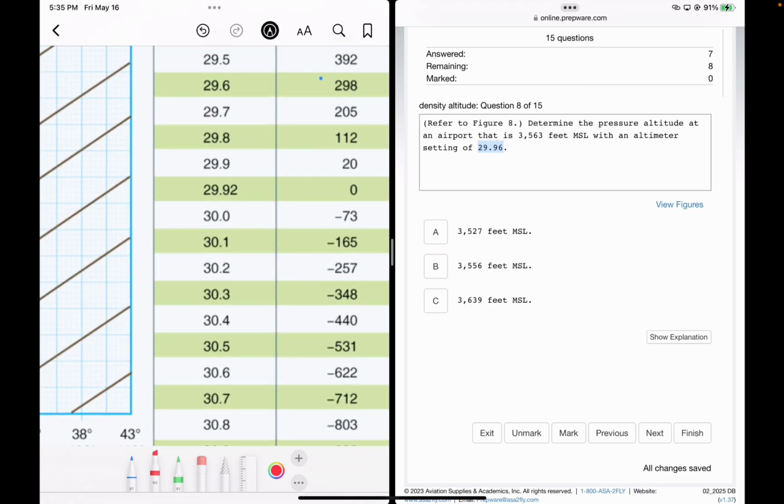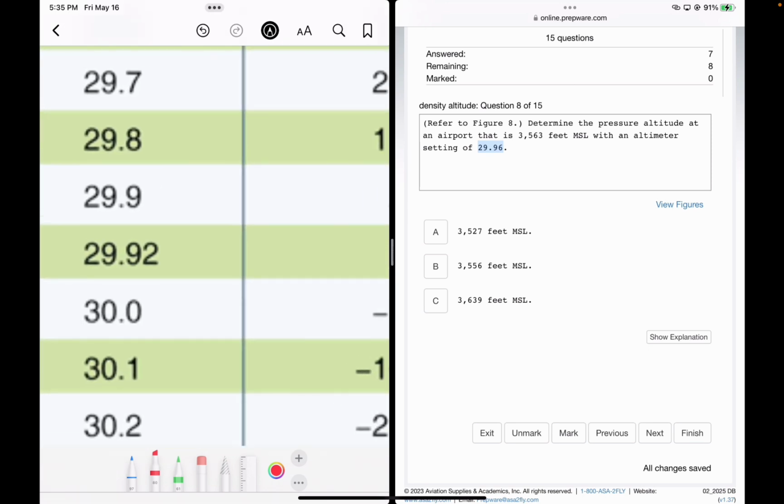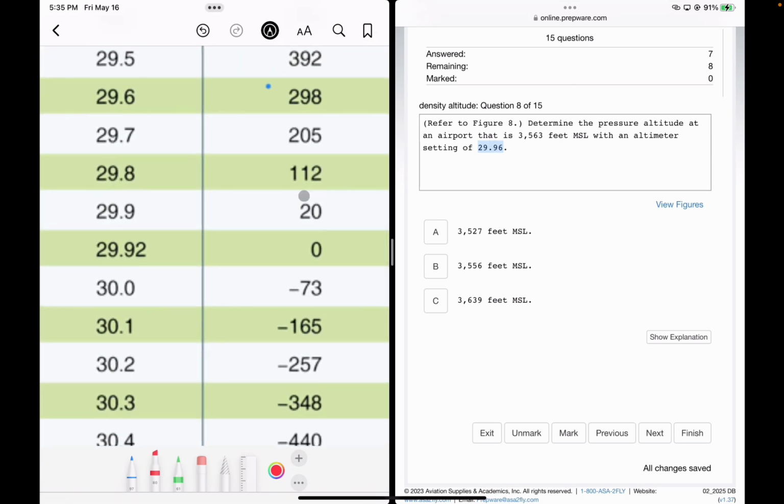Okay, 29.92 is 0, and 30 is -73. So our number that we came up with is -40, which is between these two numbers, and 29.96 is between these two numbers. So does it make sense?